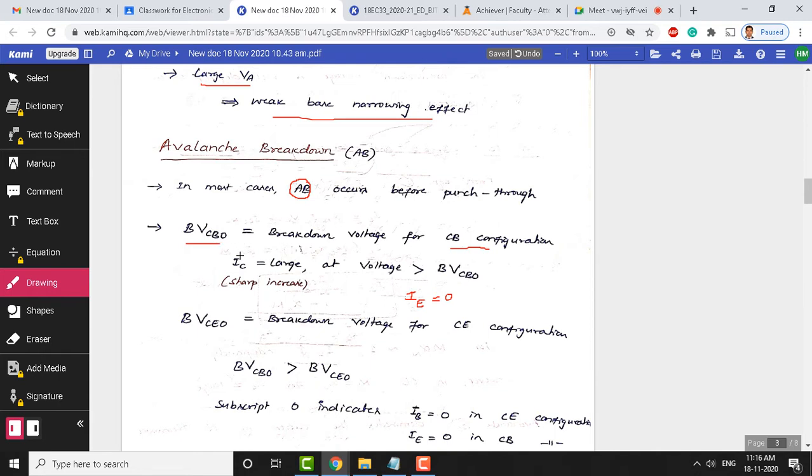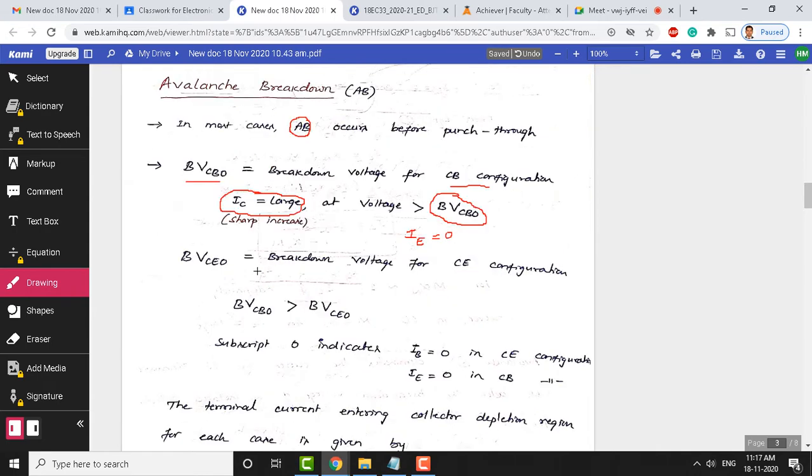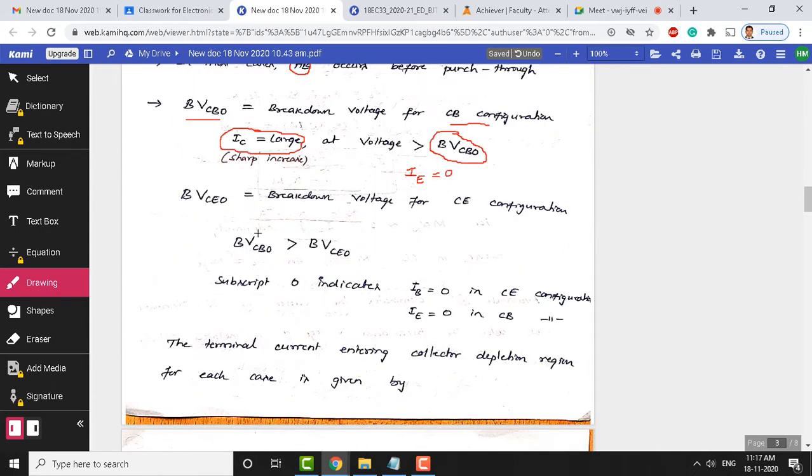When the breakdown happens, there is usually a sharp increase in the collector current when the reverse voltage applied is greater than this breakdown voltage B times VCBO. So, when this breakdown happens, there is a large surge in the collector current in the common base configuration.